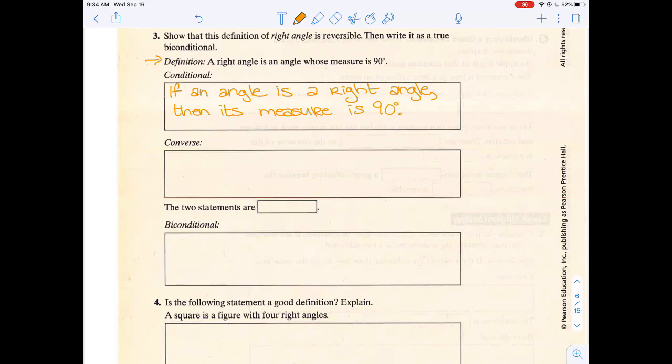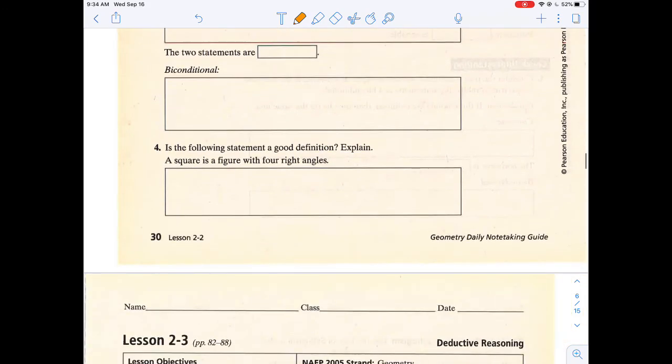Then you can write the converse of that statement down here, and you decide if these two statements are true or false, and then if they're true, you can write the biconditional of those.